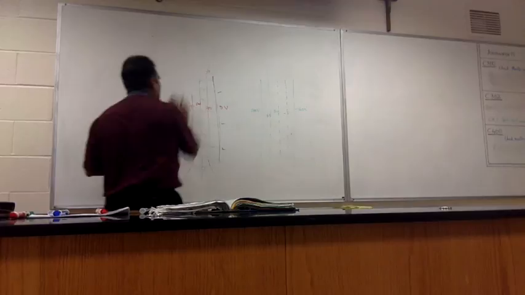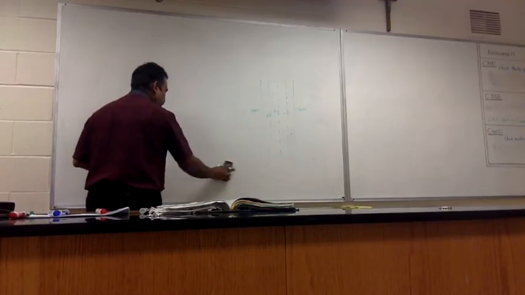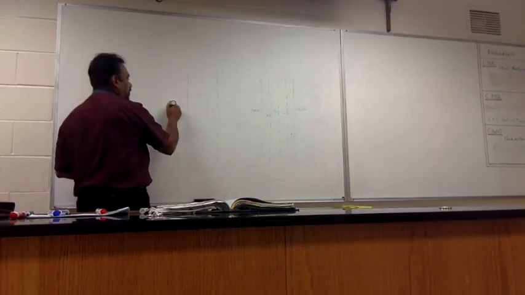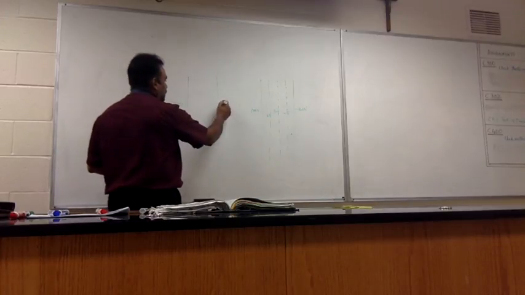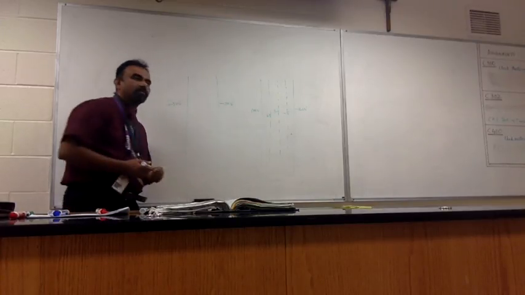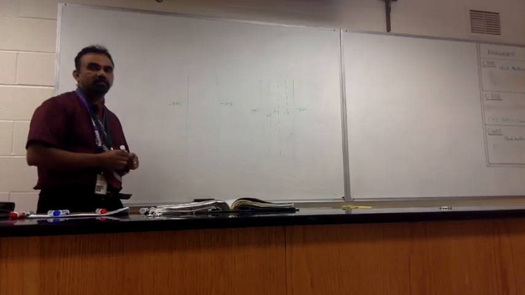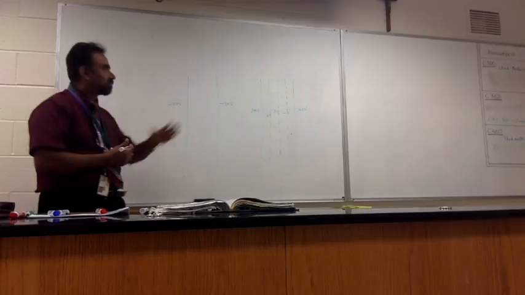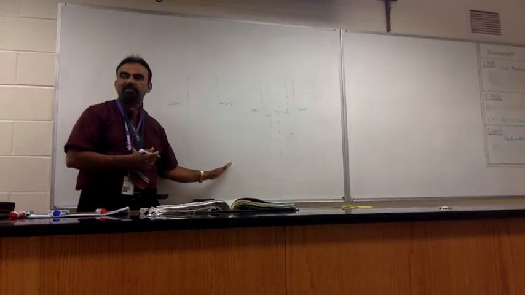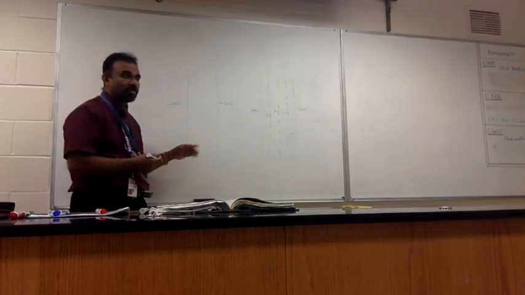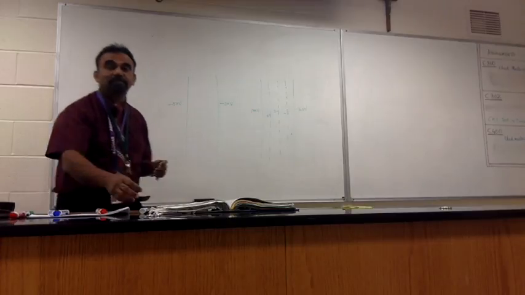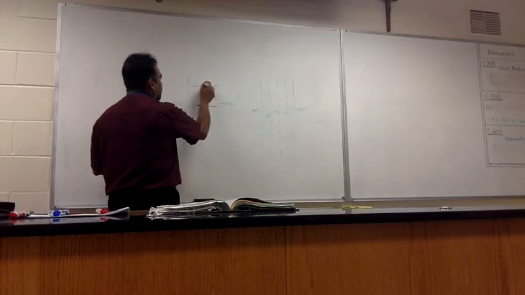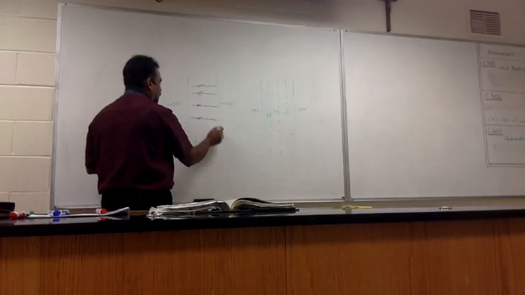So if I give you two plates, and I say this is negative 50 volts, and this is negative 20 volts, which is the higher potential? This side is higher potential, and this side is lower potential. So which way is the electric field going to be directed? From this side to this side. So electric fields are going to be this way.